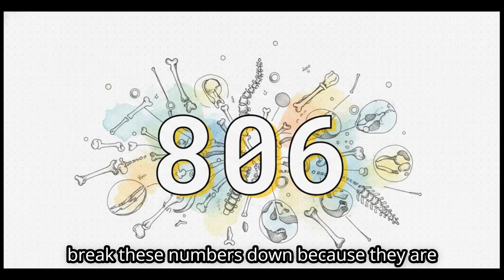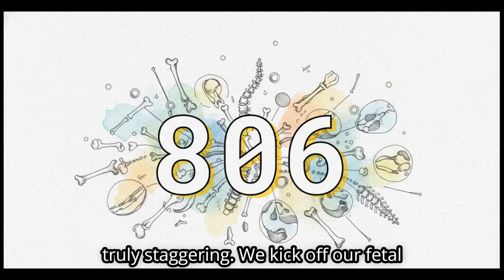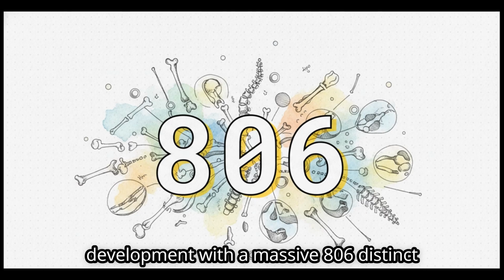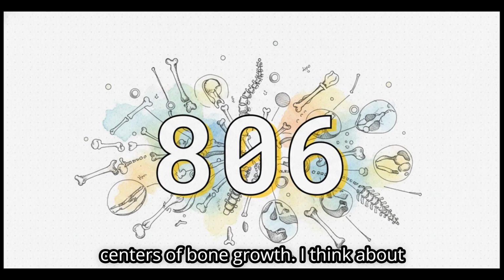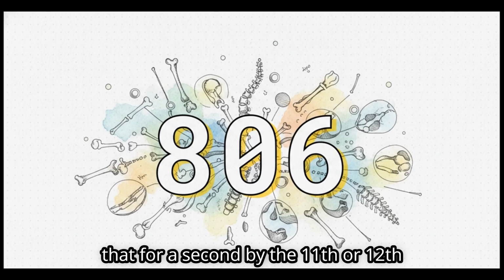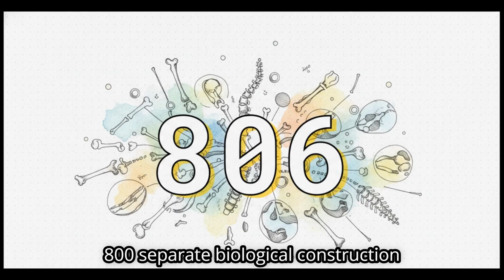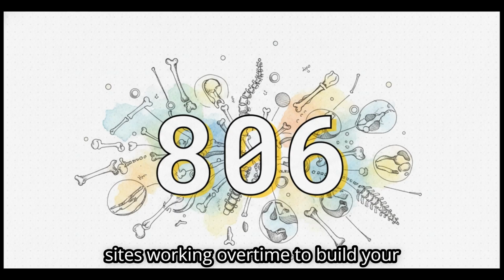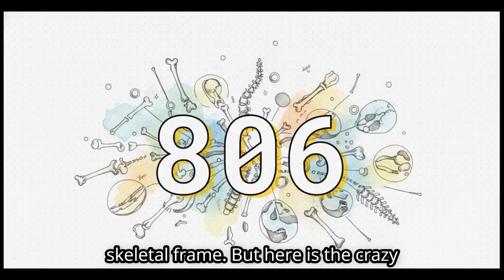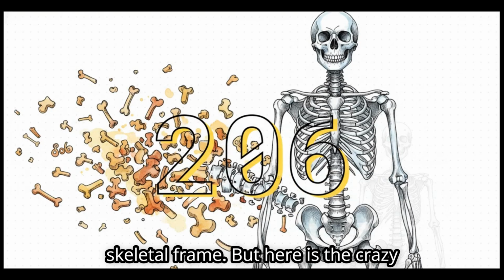Let's actually break these numbers down because they are truly staggering. We kick off our fetal development with a massive 806 distinct centers of bone growth. Think about that for a second. By the 11th or 12th week in the womb, there are over 800 separate biological construction sites working overtime to build your skeletal frame. But here is the crazy, counterintuitive part.